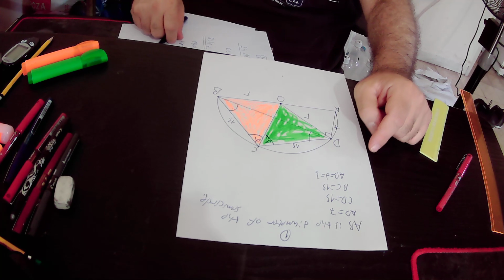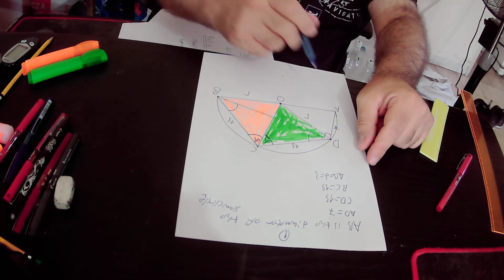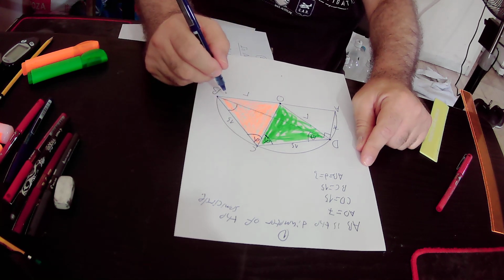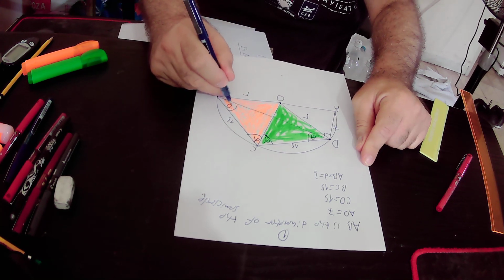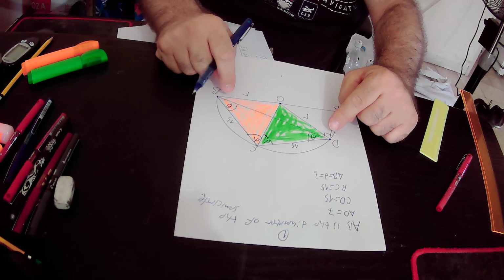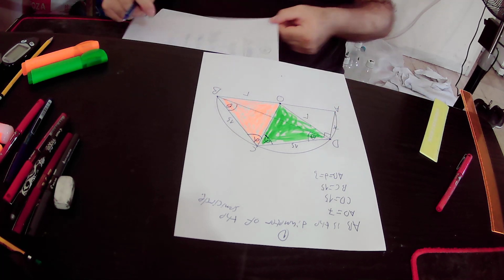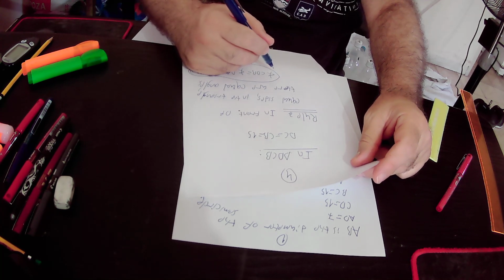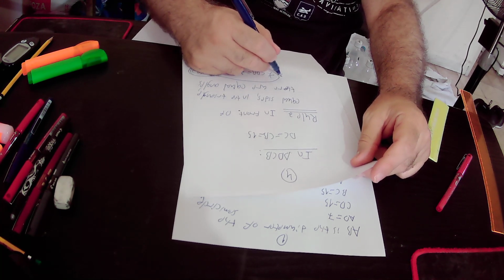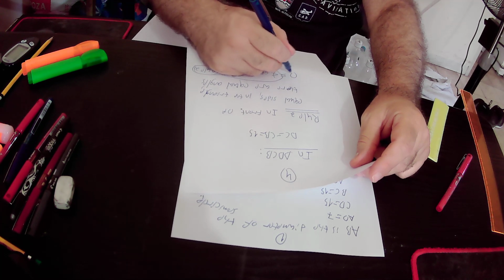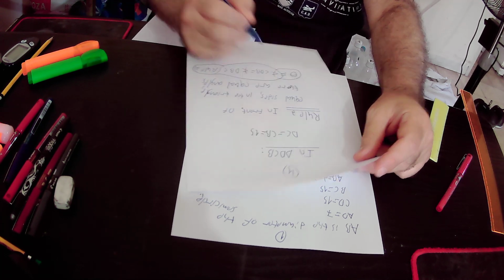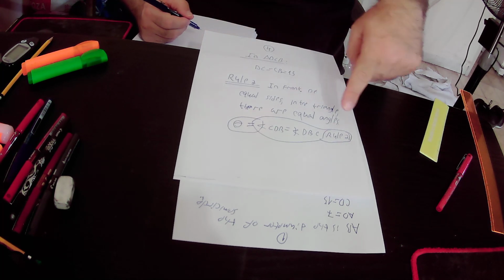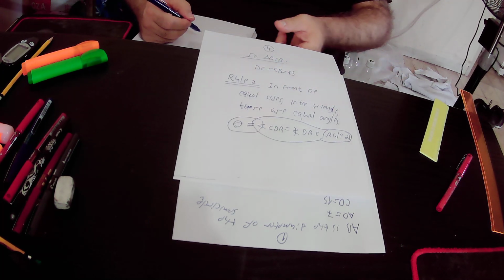If we define angle CDB as theta, then angle DBC also will be equal to theta. Both of those two angles are defined as theta, so angle CDB equals angle BDC equals theta.